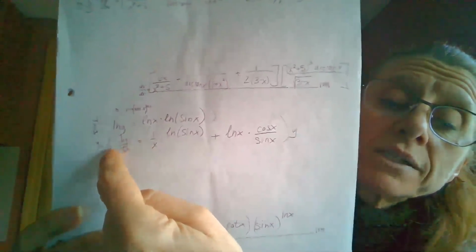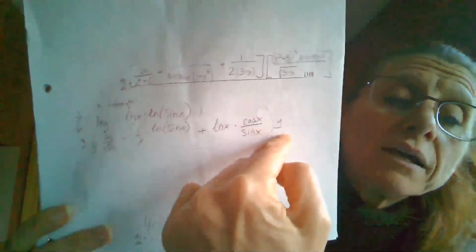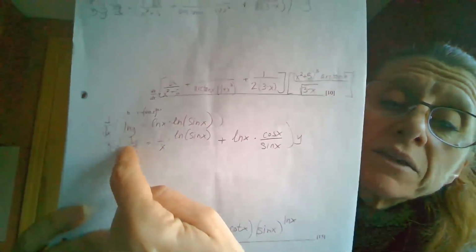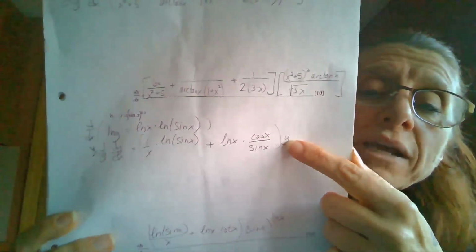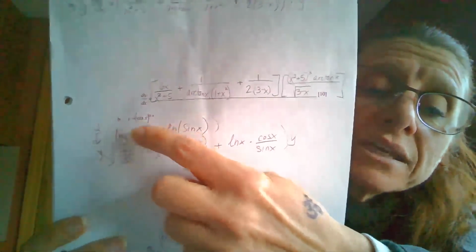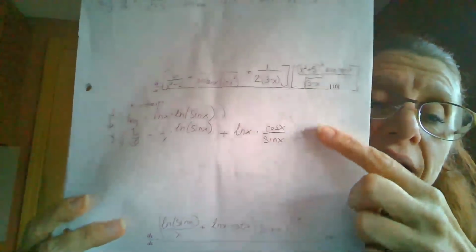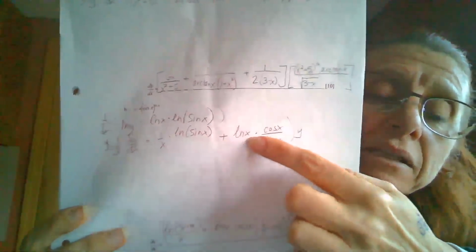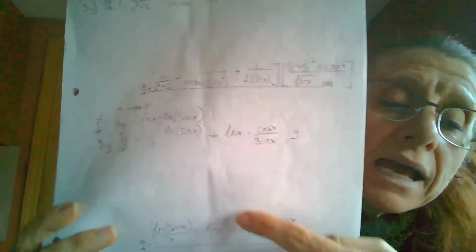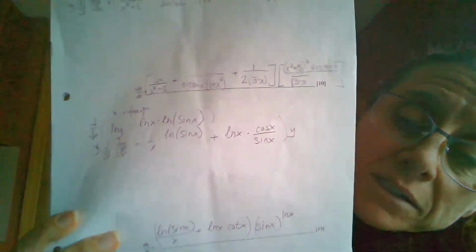So we have to solve. In other words, we have to multiply both sides by y to get the 1 over y to cancel out. And we want to write y in terms of x, which is this. So when I write my final answer, the power rule all stays the same. And then I rewrite y as sine of x to the ln of x.